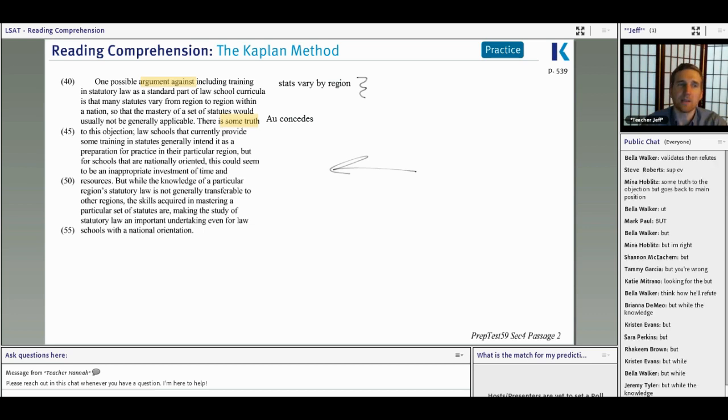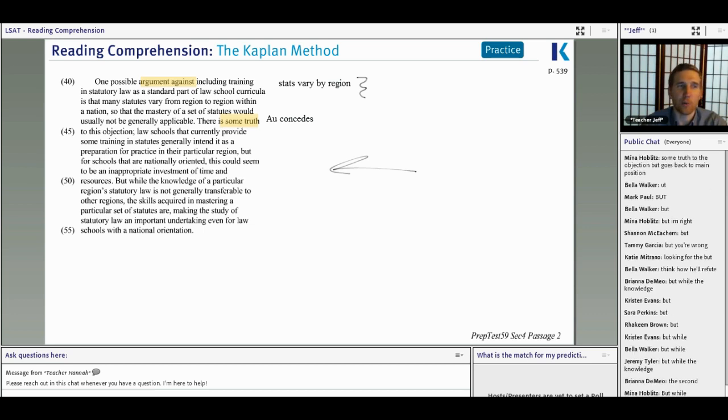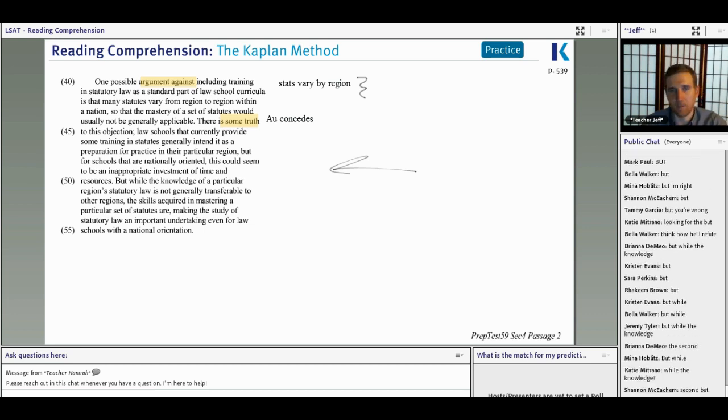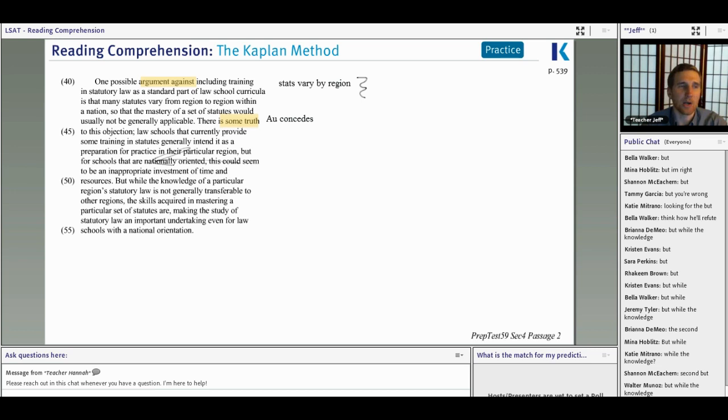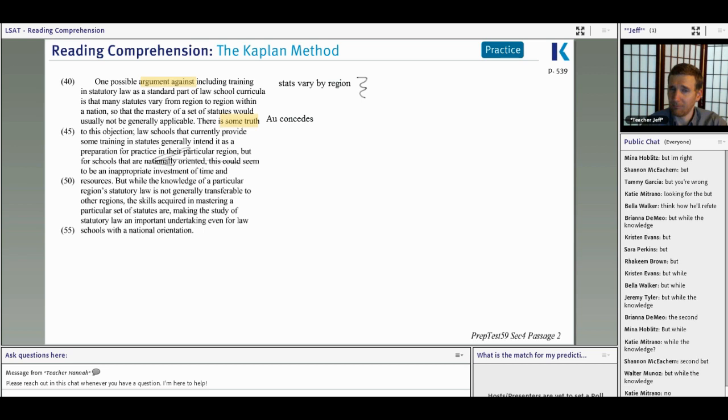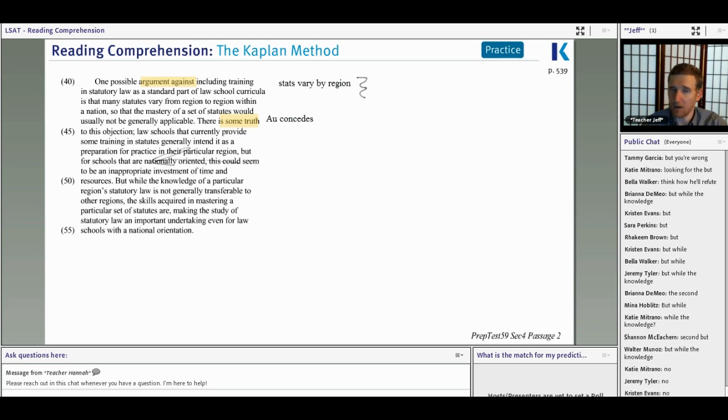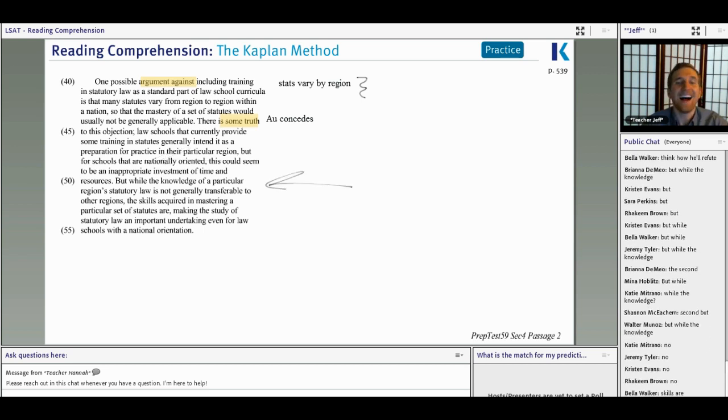Not this one, because notice it says this could seem to be an inappropriate investment. So we're still saying bad stuff here, right? Okay, down here it says, but while the knowledge of a particular region's statutory law is not generally transferable to other regions, is that good? Is that a good thing? That the knowledge is not transferable? Where's the good thing? We're still not there.